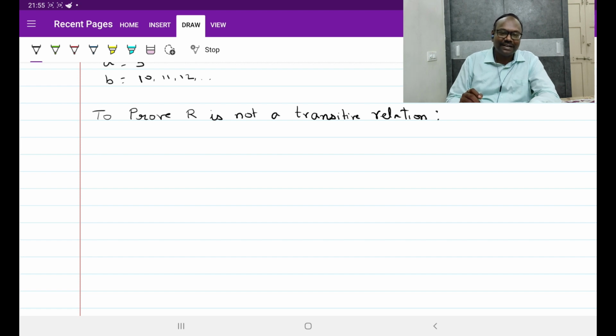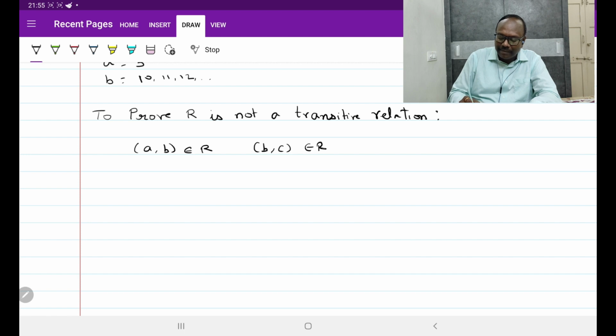So if we want to prove that the relation is not transitive, then (a, b) should belong to the relation R, (b, c) should belong to the relation R, but (a, c) should not belong to the same relation R. Then only we say that this is not a transitive relation.